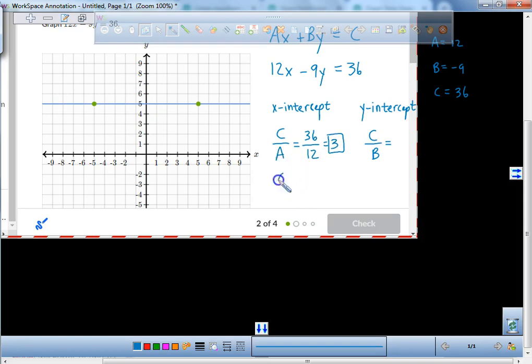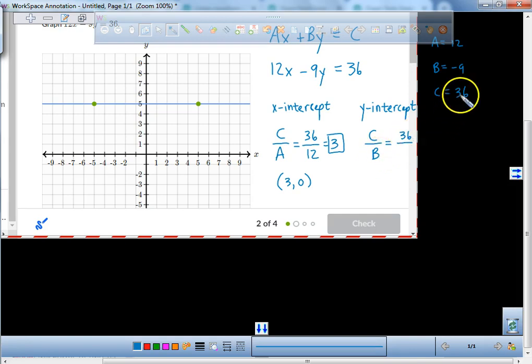Now, as an ordered pair, you have to know that in an x-intercept, the y value is always going to be equal to 0. So my ordered pair for the x-intercept is going to be (3, 0). Now, the y-intercept is c divided by b.